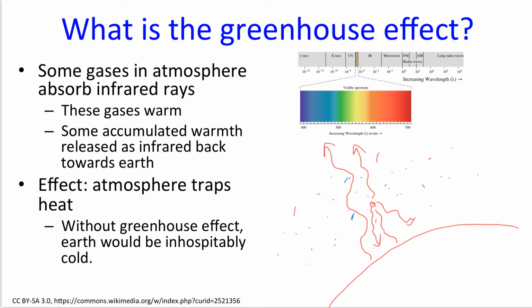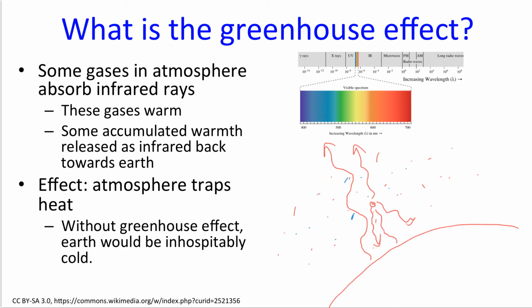The overall effect of this then is that the atmosphere traps heat. This is actually a good thing. Without this, we wouldn't have life on Earth. Because the Earth would be inhospitably cold, my understanding is that, in fact, probably all water on the surface of the Earth would be frozen if we had no atmosphere and therefore no greenhouse effect.